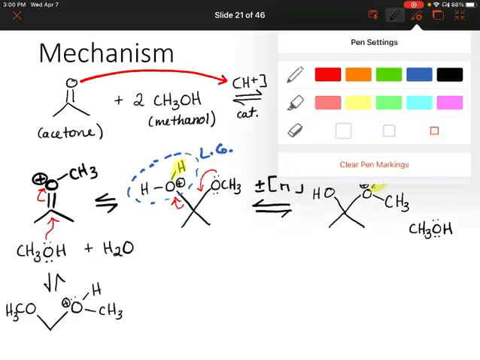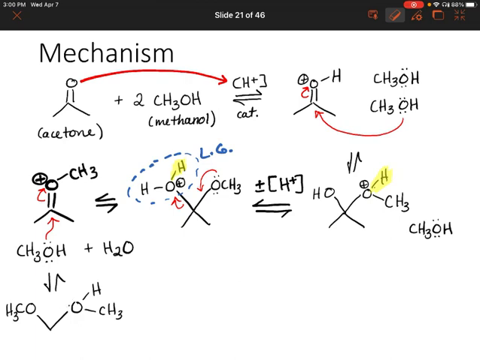Oops, I meant to just draw a positive sign there. There we go. All right, and then we've got our methyl groups down below. Okay, and then we still have that water molecule hanging around as a byproduct from before.